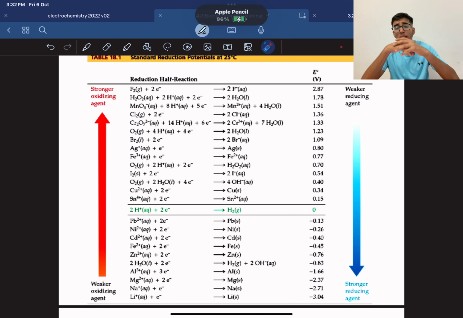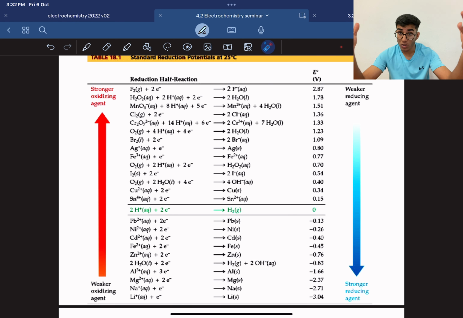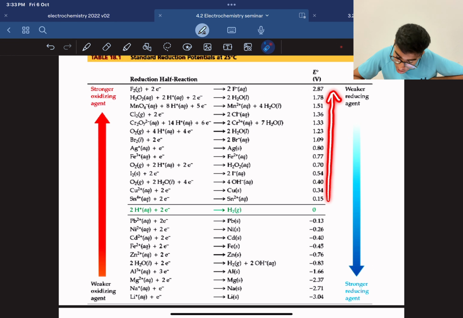Now I clearly explained that the gain of electrons is called what? I really hope you said reduction. If you would have said oxidation in front of me, I would have slapped your face. But I hope you said reduction. And clearly, gaining electron means reduction. So this value, E naught, as it gets positive and larger, means that that object will get reduced more.